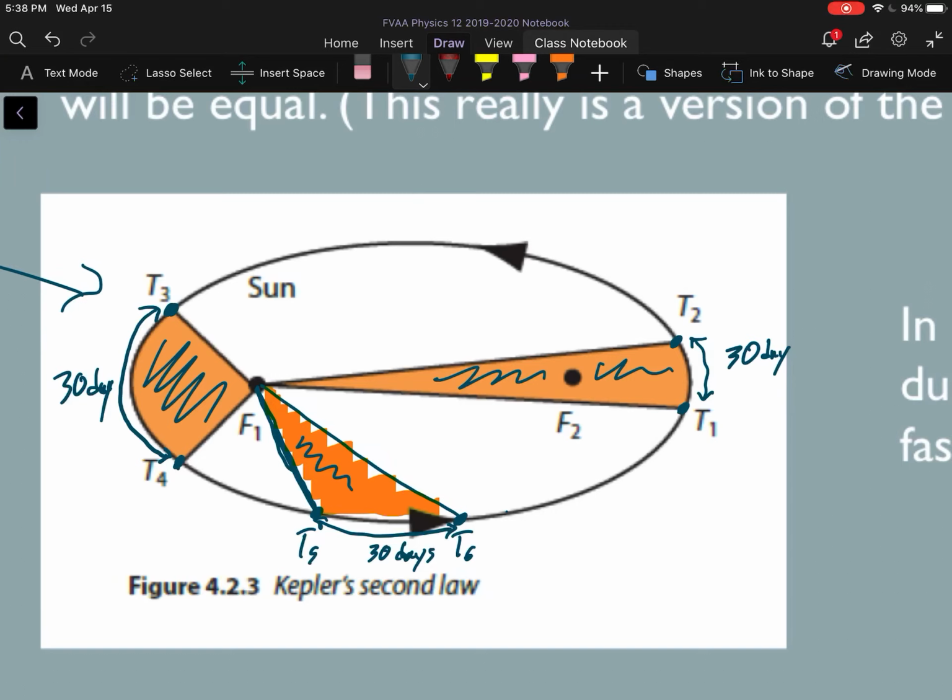Now, based on this diagram, where do you think the object orbiting around the sun travels the fastest? Hopefully your answer was between T3 and T4. This is the fastest.